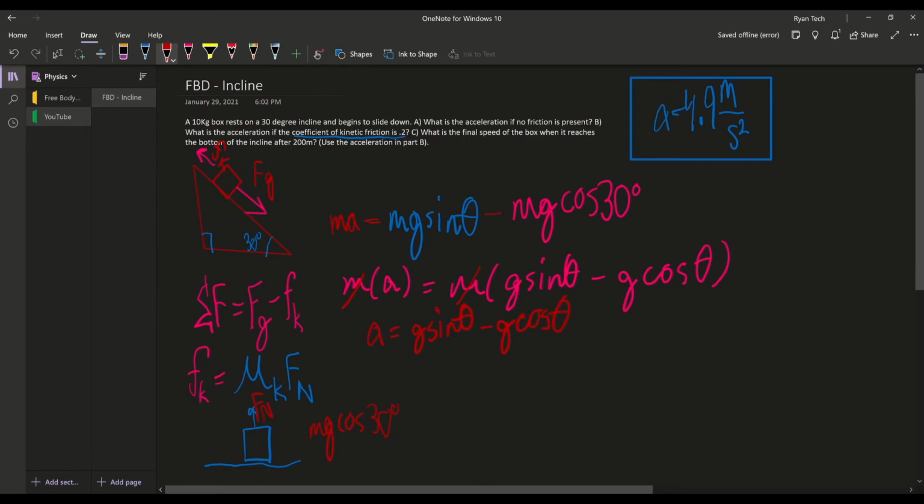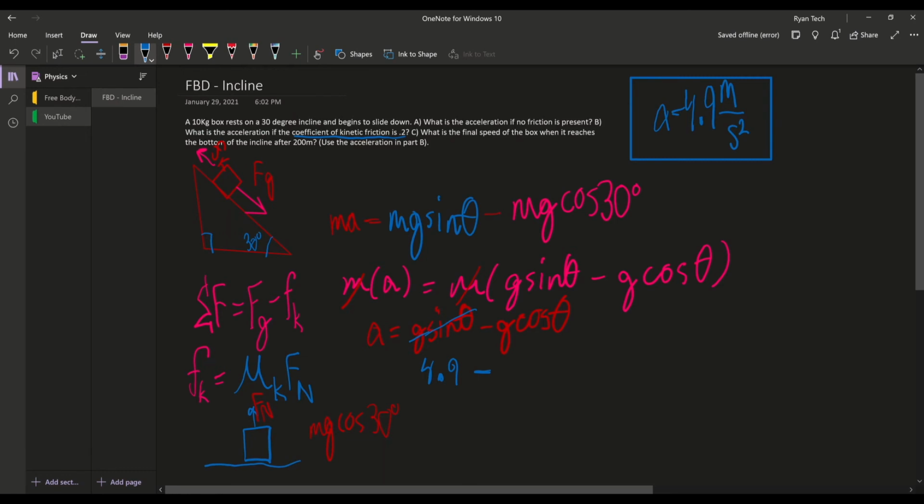Now, if we calculate this, we know the first part, we already figured that out, was 4.9. And then we're going to subtract g cosine of theta. If you put this in your calculator, make sure your calculator is in degrees mode. As you see, mine is in degrees mode.